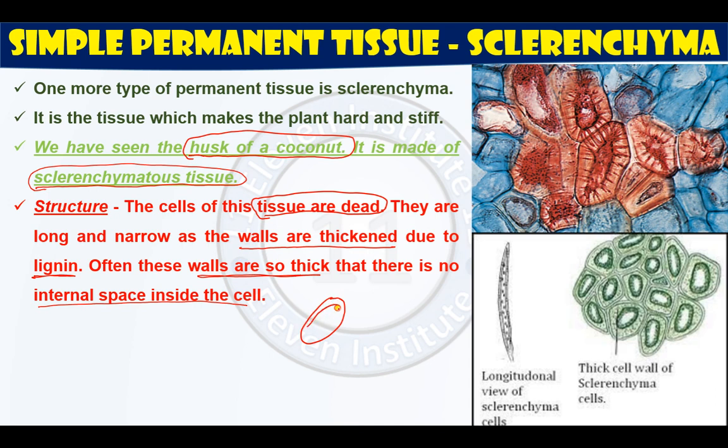Now if this cell wall becomes thick like this, then the space inside will decrease, right, the space inside will decrease. You can see there is very less space inside. Why? Because this wall is thick. This wall is so much thick that the space inside has decreased. I hope this is clear to you.